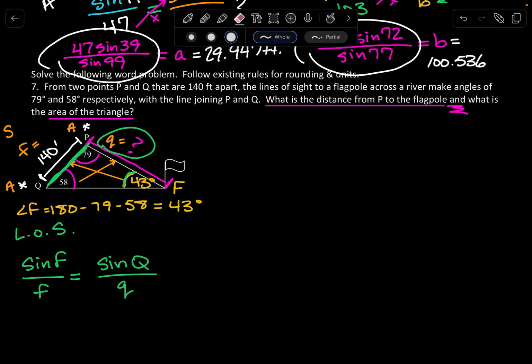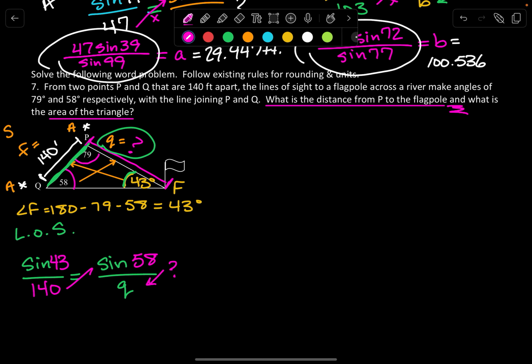Once you get it set up, you would want to go ahead and fill in what you know. I know that big F, capital F, is 43. I know that little f is 140. I know that big Q, the angle, is 58, and I don't know little q.